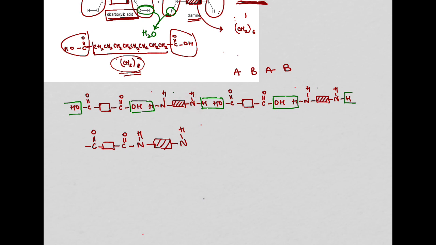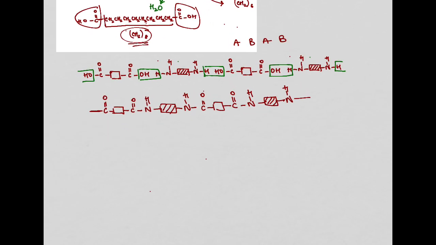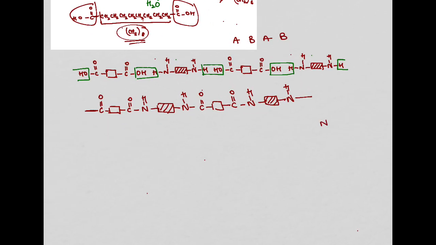And next to the nitrogen, so H2 is gone. So I have carbon, which is connected with the double bond O. And again, I have the same thing. Carbon connected to nitrogen, shaded box, and then nitrogen like this. This continues, and this will also continue. So this is my polymer, and this is nylon.